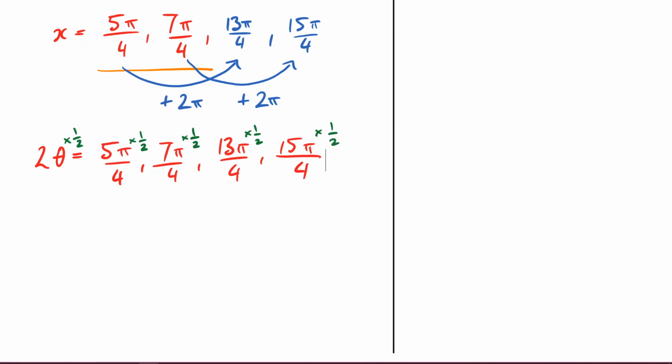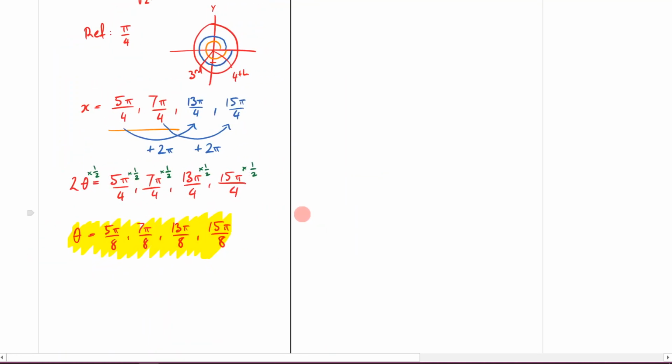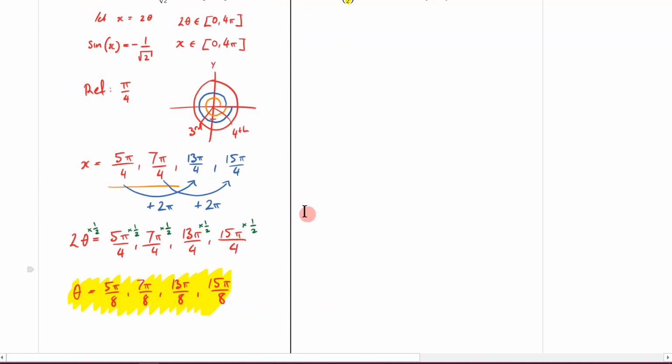And what that means I'm going to end up with is theta is equal to 5 pi on 8, 7 pi on 8, 13 pi on 8, 15 pi on 8. Those are my solutions. And we got them by doing that process. And remember, because our question had theta in it, our answer has to be theta is equal to. You can't change it. And that's how we would approach a question like this.